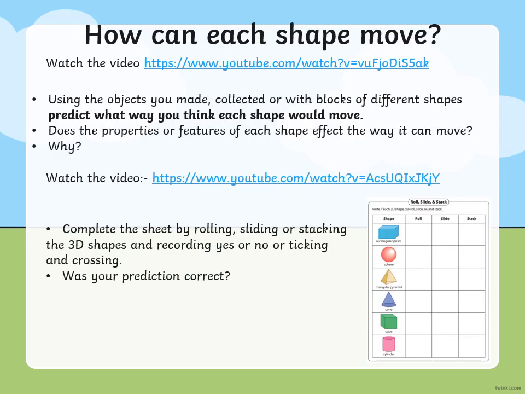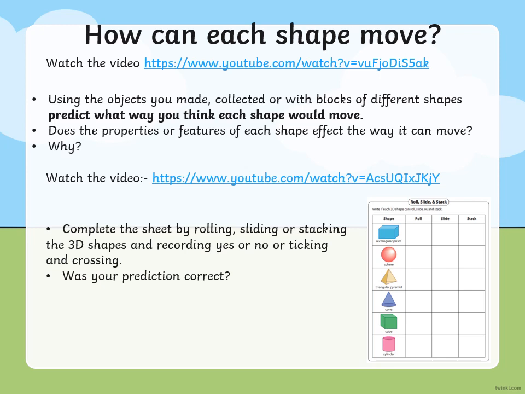Now we want to work out how each shape can move. So it's really important that you access this video because it will help you try and work out which way the shapes might move. So using the objects you made or collected over the last couple of days, we're going to think of different ways the shapes might move, and we're going to experiment with this. So I want you to try and have a practice of this before you complete the sheet that is for today's lesson.